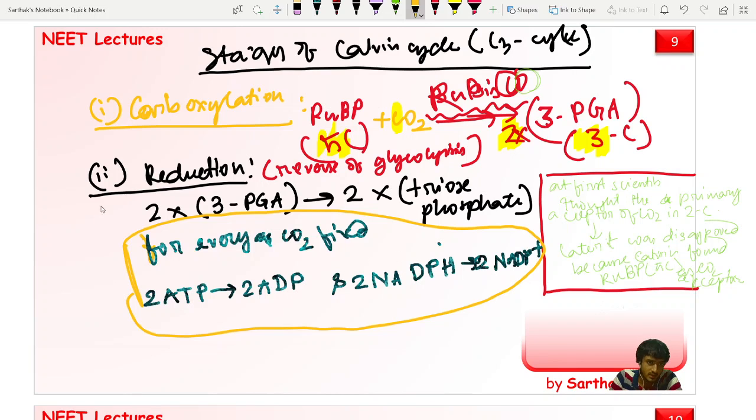This happens in reduction only. So this is for one molecule of CO2 fixed. This is a very important thing, and this is the reverse of glycolysis.